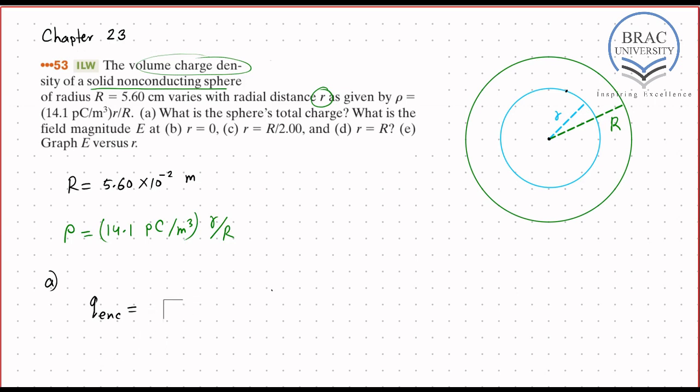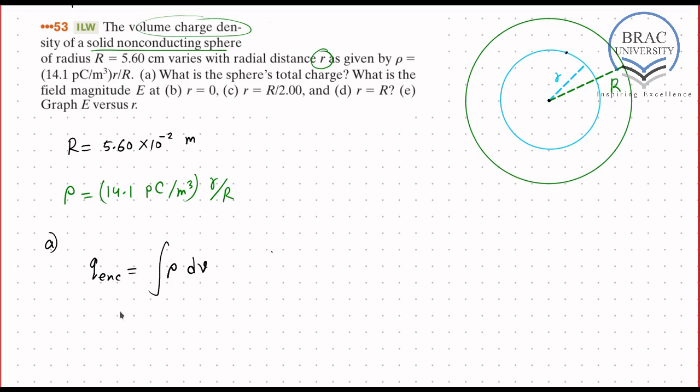This is very simple basically. We have to do this volume integration, and if you do that, we find the enclosed charge. So let's do this for question A to find the total charge inside the sphere.